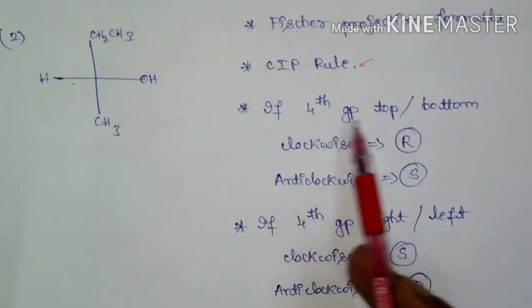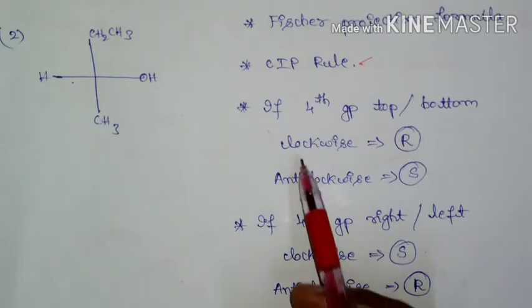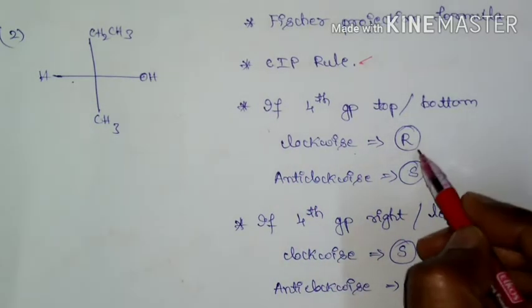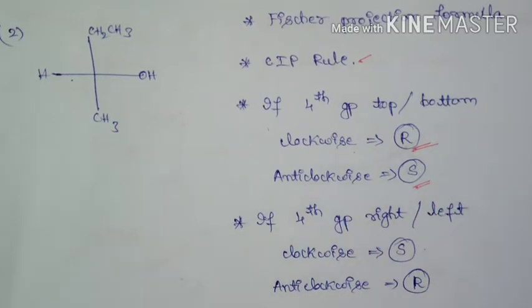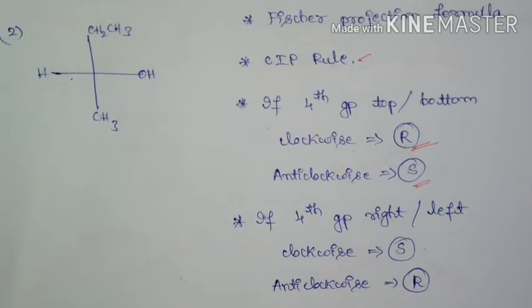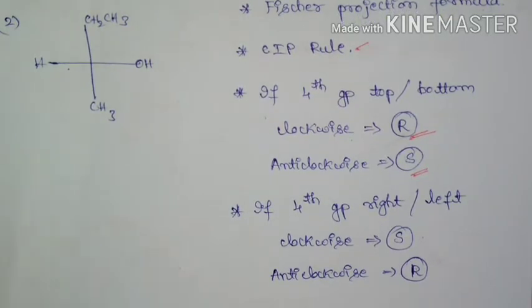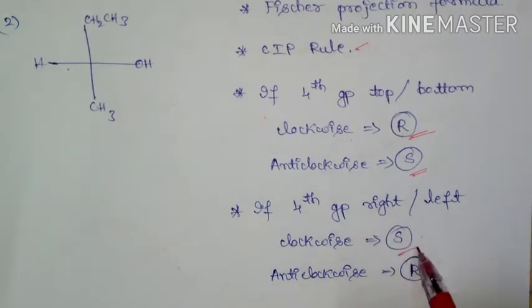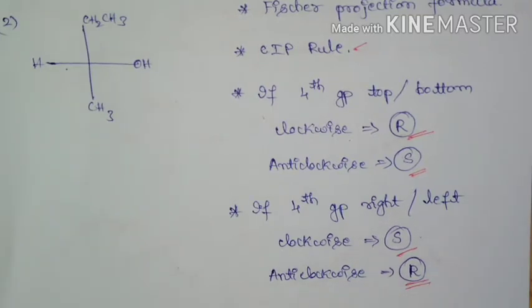If the fourth group is on the top or bottom, then clockwise movement of priority will be R configuration and anti-clockwise will be S configuration. If the fourth group is on the right or left side of the Fischer projection, then clockwise movement we assign S configuration, and for anti-clockwise movement we assign R configuration.